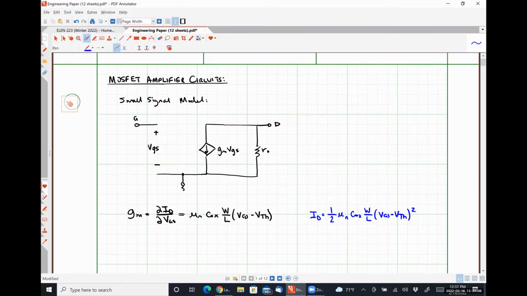Well, we can rearrange this and solve for VGS minus VTH. So that would look like VGS minus VTH is equal to the square root of twice ID divided by mu n Cox times W over L.